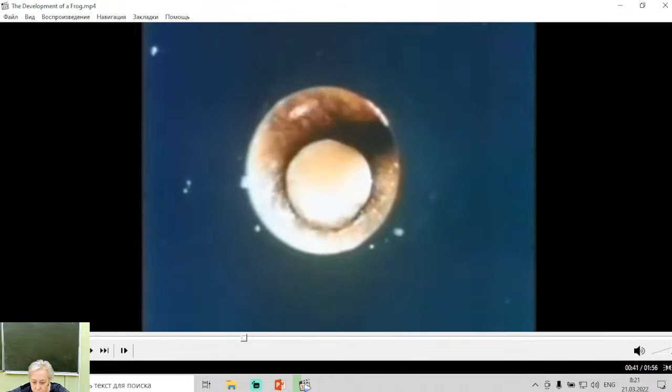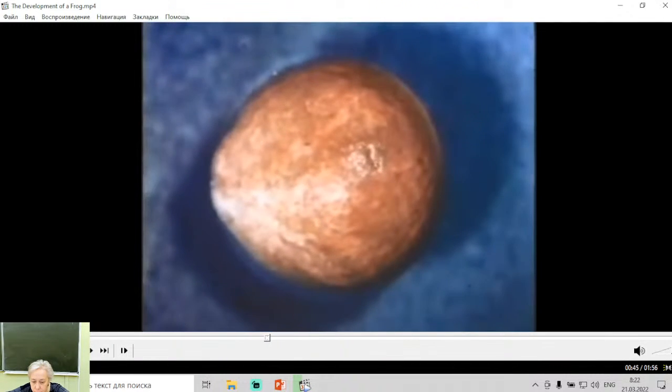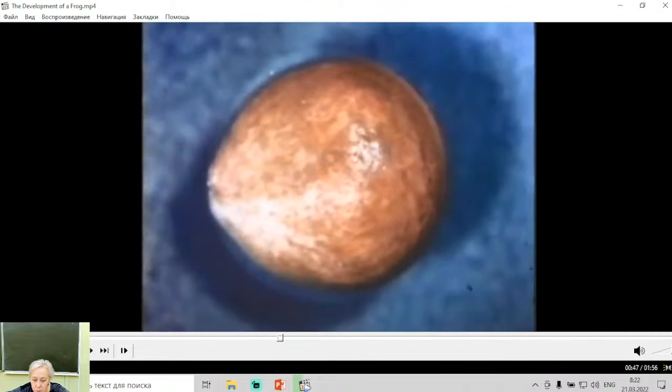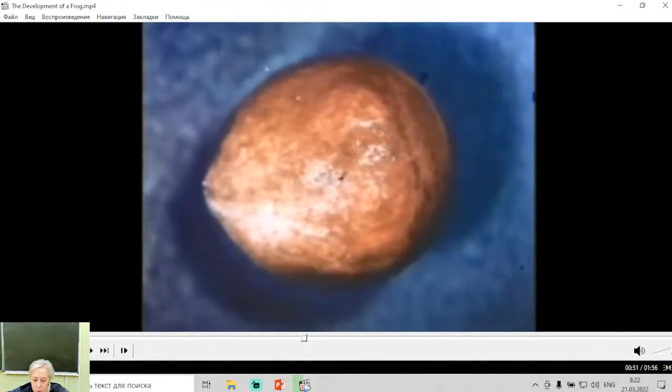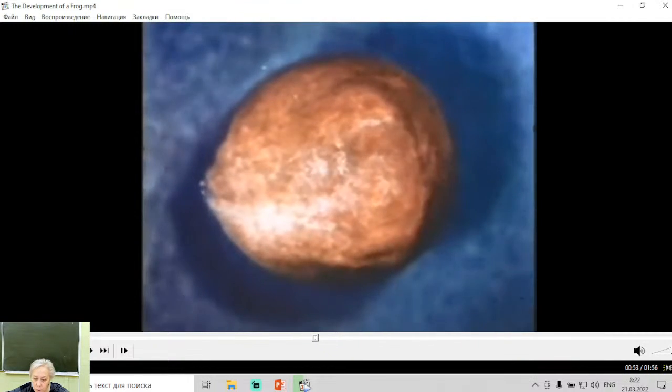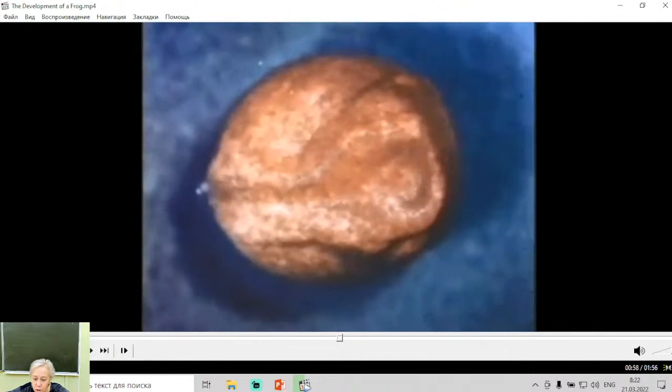The blastula develops into a gastrula. Formation of gastrula by epibulia and process formation from neural tube.